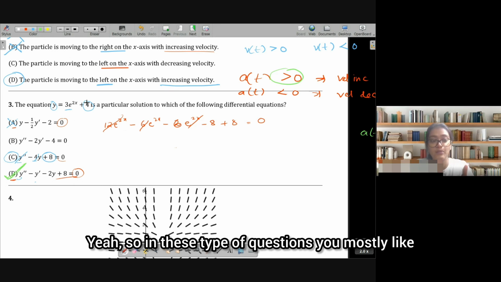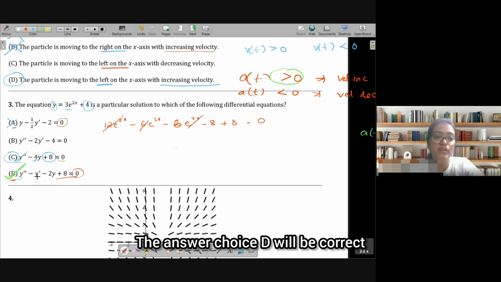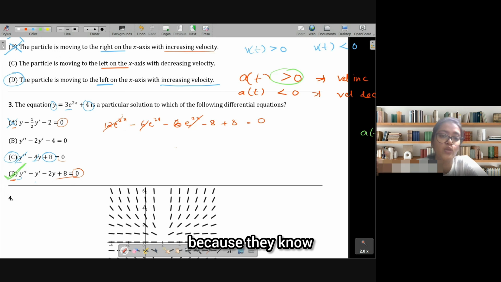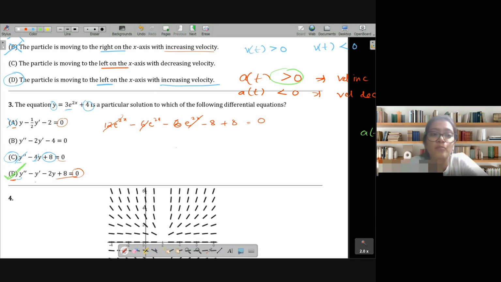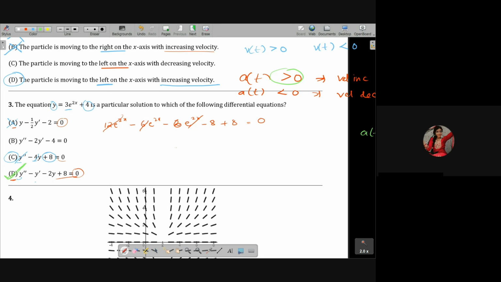Yeah, so in these type of questions, like in 80% of the questions, the answer choice D will be correct. So probably you first try out answer choice D because they know that students will one by one put the function. So to waste the time, they give the right answer.